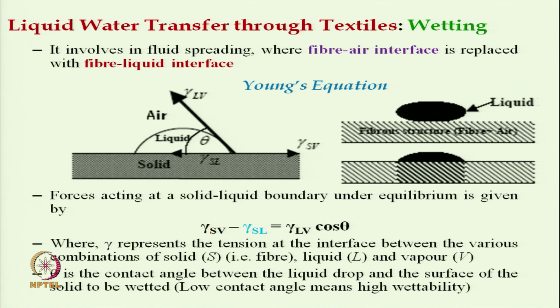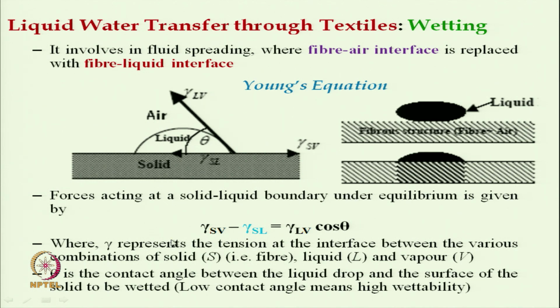So, we can control the contact angle by proper selection of the material, that is polymer, or by proper selection of the structure of the fiber. Cross section of fiber also enhances the wettability.